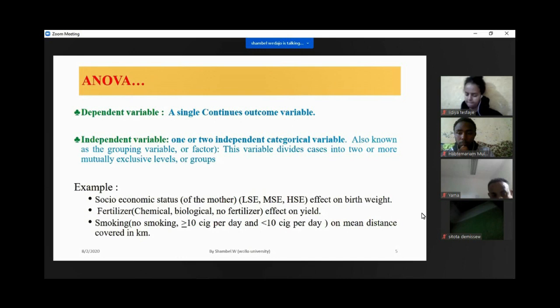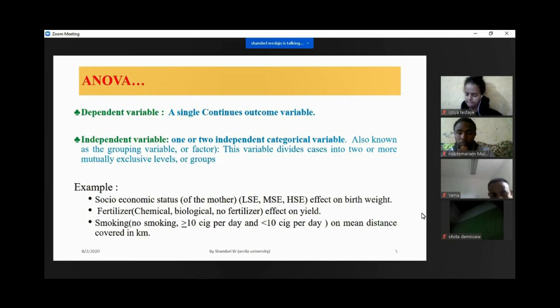For example, let us take the socio-economic status of mothers. Socio-economic status of the mothers does have an effect on birth weight. So the outcome variable here is the infant birth weight.